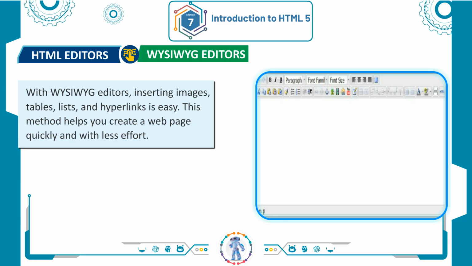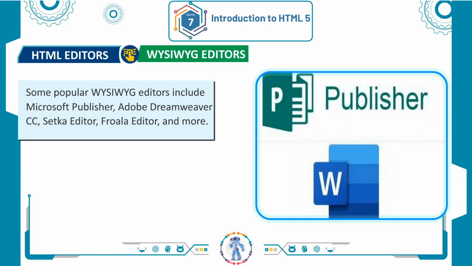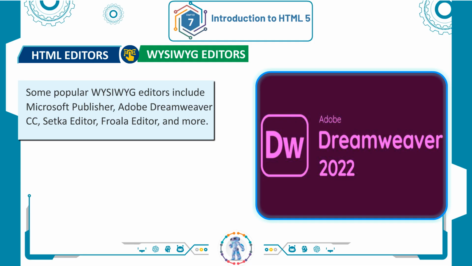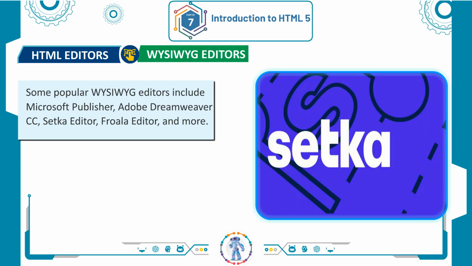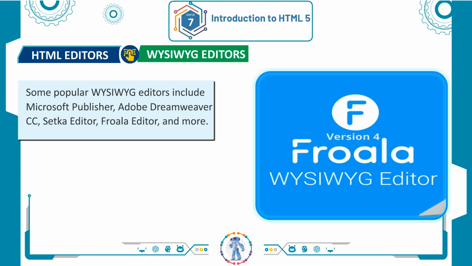With WYSIWYG editors, inserting images, tables, lists, and hyperlinks is easy. This method helps you create a web page quickly and with less effort. Some popular WYSIWYG editors include Microsoft Publisher, Adobe Dreamweaver CC, Setka Editor, Froala Editor, and more.